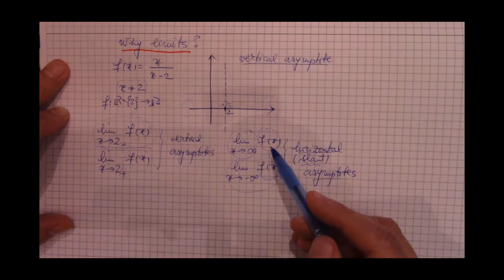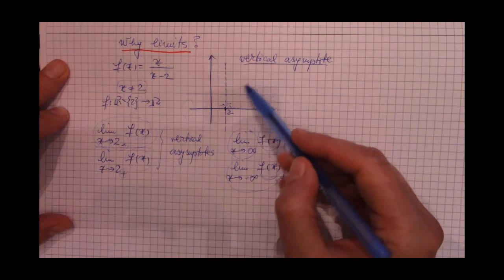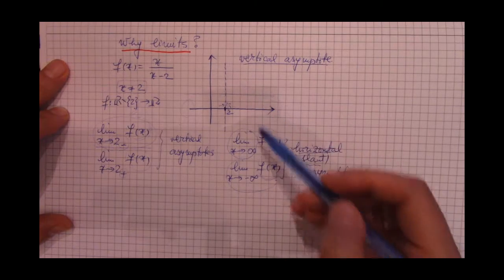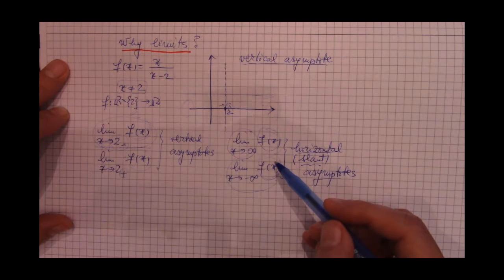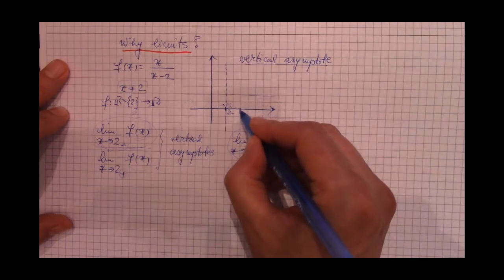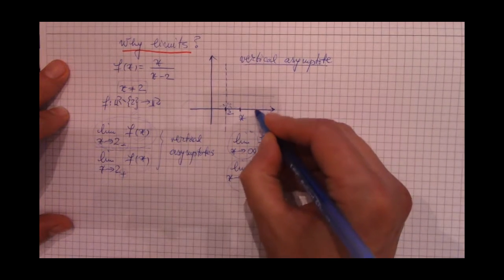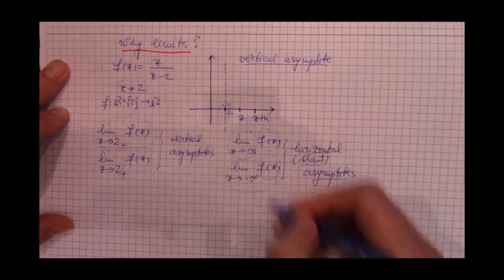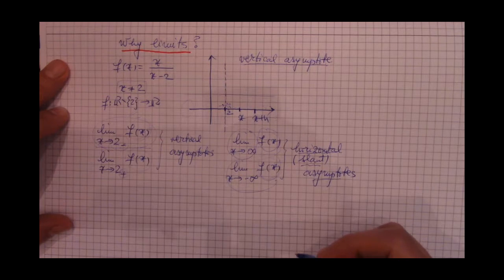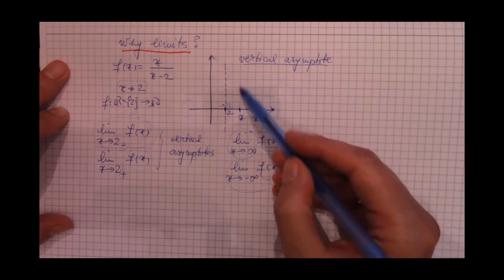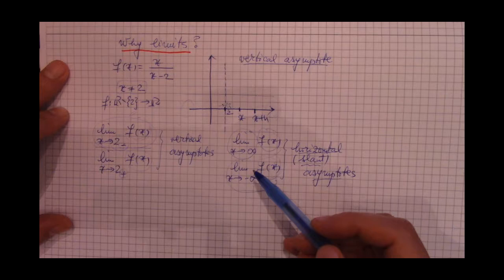A very important thing would be to know when a function is increasing and when it is decreasing. Let's say this is a point x and this is a point x plus h. We want to know whether a function is increasing around x.